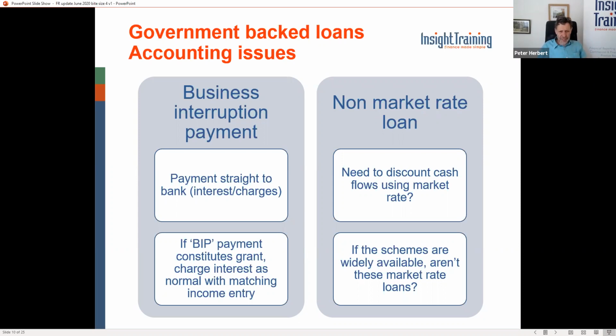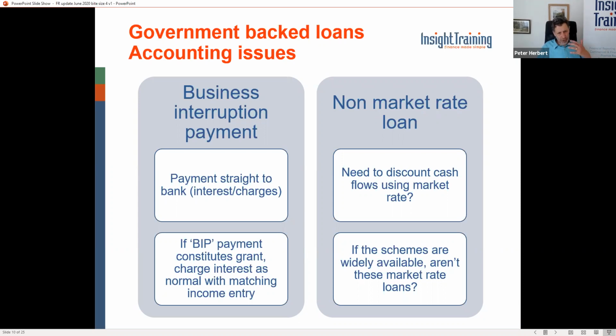One of the other points that has been floated, certainly in relation to these schemes, is that because the bank will probably lend at a slightly lower rate, because they've got the government-backed guarantee in the background to provide that support, does that therefore mean that these loans are what we might call non-market rate loans?